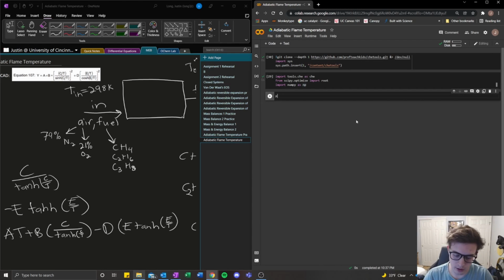So the first thing we're going to need to do is get that property data. We are going to get that from the GitHub site, and the way we're going to do that is using this CHE props. So this will get us our values. And so what values do we need? We need first of all methane.